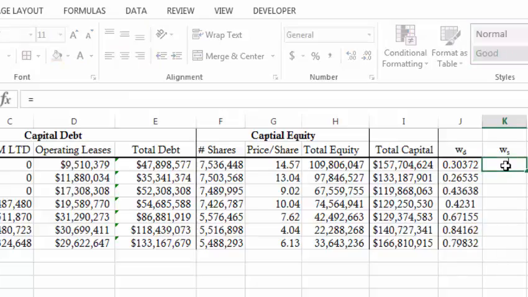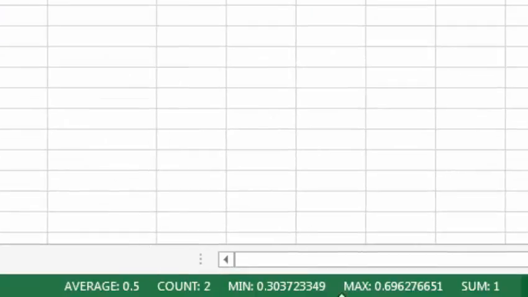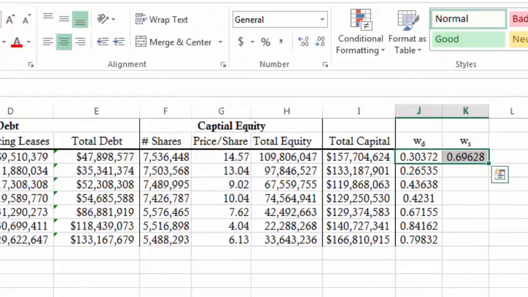Now we're going to do the same thing with the equity divided by total capital. Now, by the way, if we did this right, I should highlight both of those and look down here for the total, and it should say sum of 1. The average should say 0.5 in every instance.